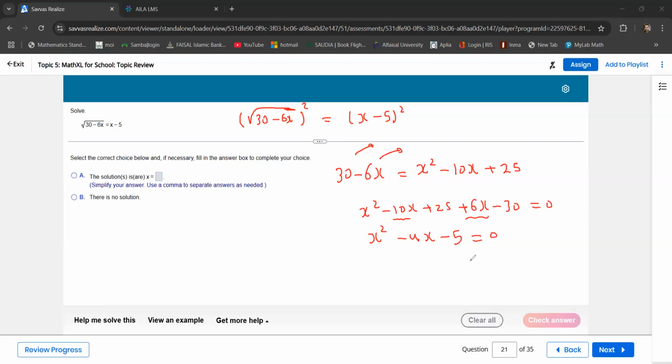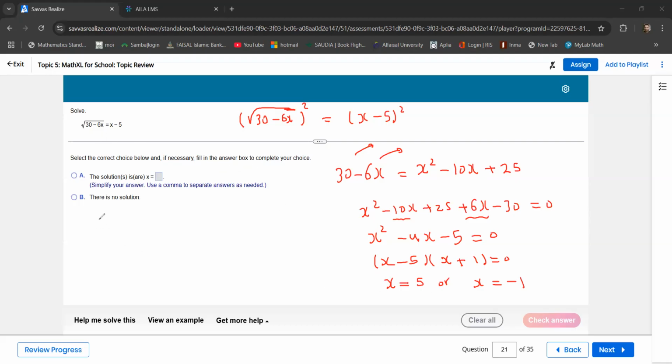Using mode 5-3 or using your skills of factoring, this will be x by x, 5 times 1, negative positive. So x should be equal to 5, or x is equal to negative 1. Now, we need to check whether both solutions are okay or not.